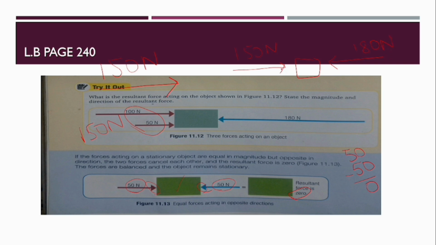So again, the same case, two forces are acting in the opposite direction. To find their resultant, we will subtract them. Thirty Newton. So the magnitude is 30 Newton and the direction is in the same way in the direction of the larger force. So this is the direction. The object will move in this way.